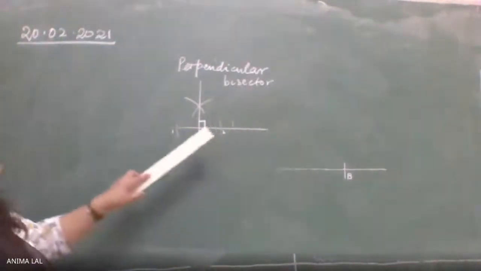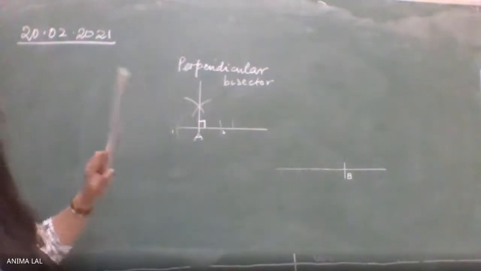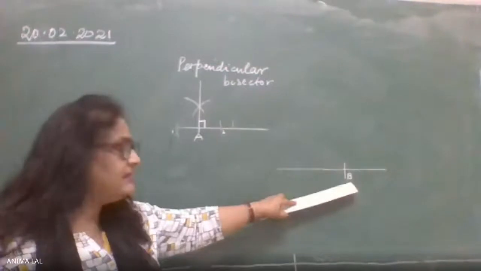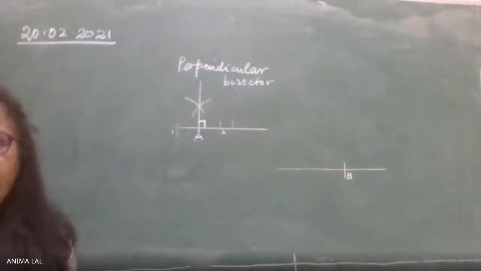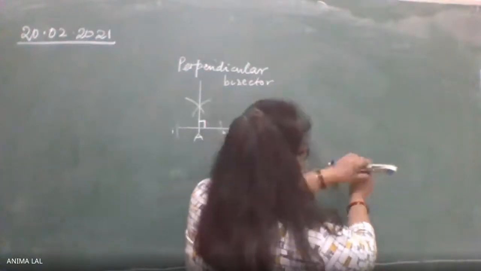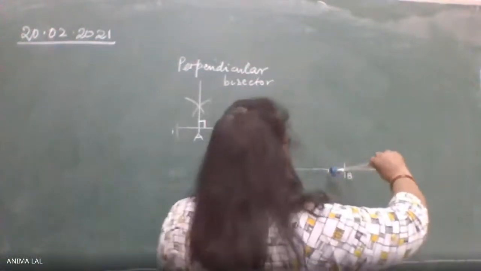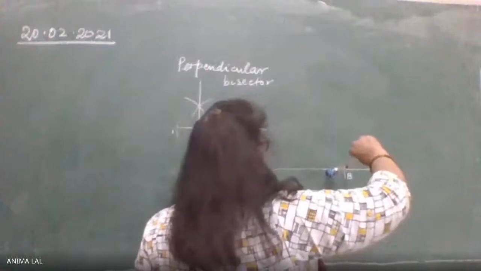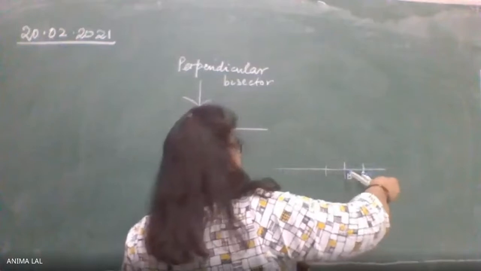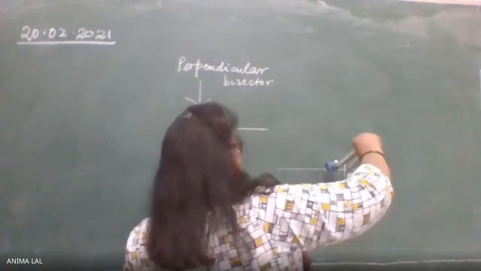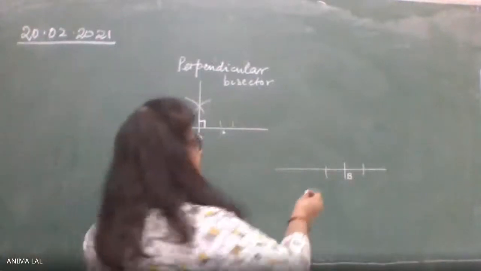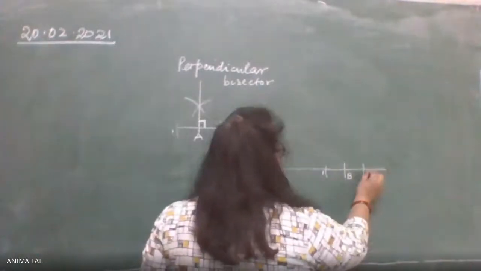If the angle is at point A, then compass point will be at A. If the angle is at B, then the compass point will be at B. So I put my compass point here at B because I want the angle at B. Draw an arc on the left of B and on the right of B with that same point, left and right. We will mark this as 1 and 2.